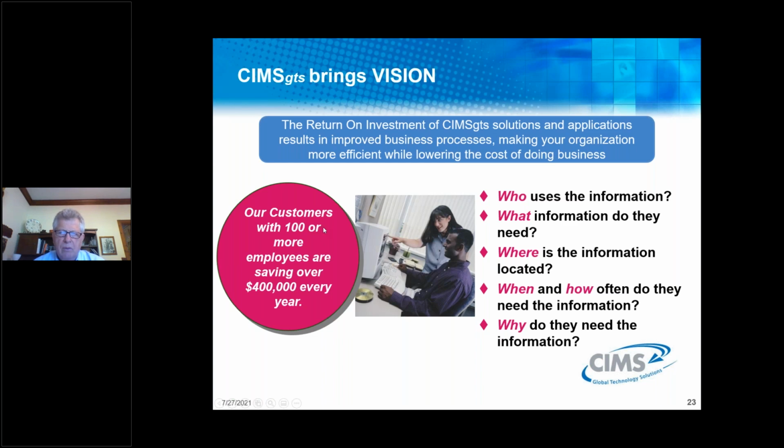Typically, with a system like this, you will achieve a 20 to 40% increase with just document management, and with workflow, a 20 to 60 to 70% productivity increase. It just depends on the job that's being done, but it pays for itself very quickly. Typically, my customers have a return on investment of 6 months or less.